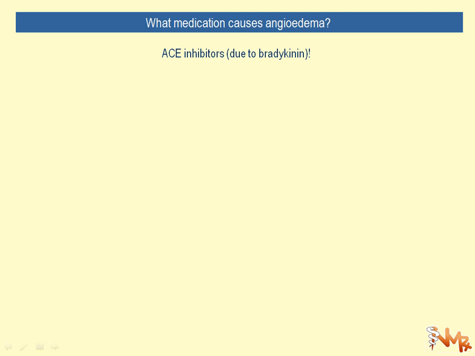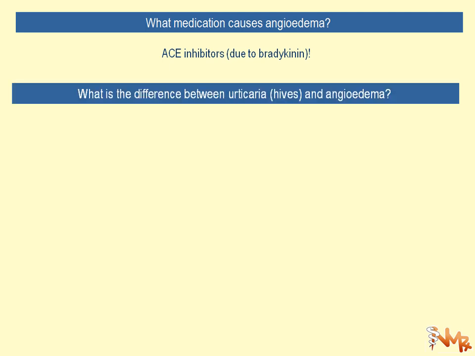What is the difference between urticaria, which is hives, and angioedema? Because as you can tell, angioedema and urticaria have a similar pathophysiology. So it's a good question that may come to your mind how you have to differentiate the two from each other.